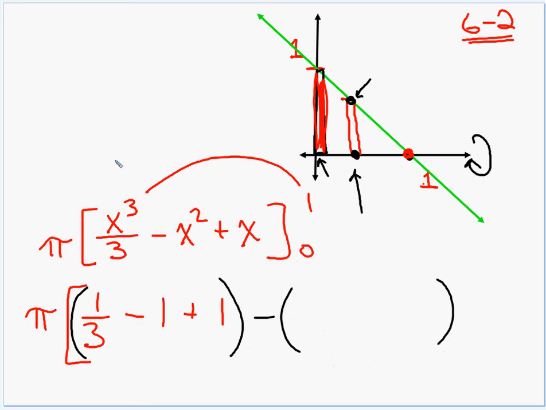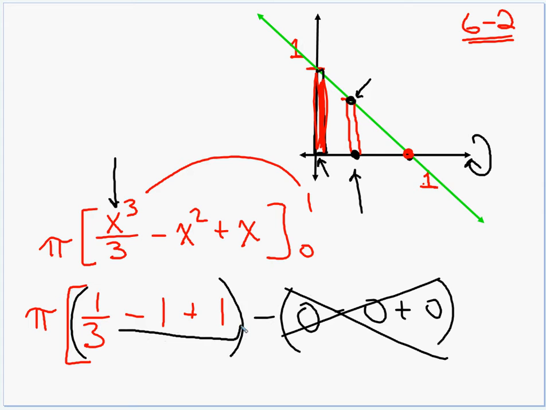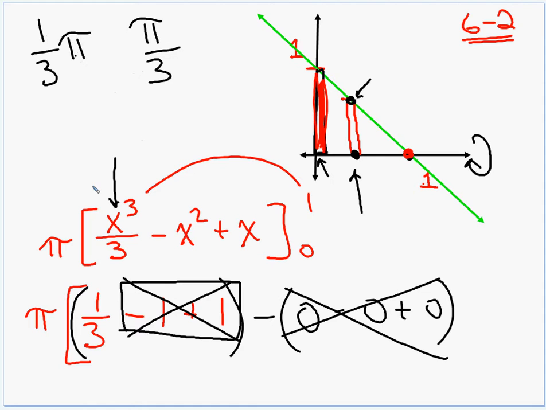The 0 jumps in for all the x's, so that'll be 0 divided by 3 minus 0 squared plus 0. So that's just a big old wash there. And this negative 1 plus 1 is also going to wash out to a 0. So what we're left with is 1/3 times pi, which we can write as 1/3 pi, or pi divided by 3. So that was number 1.